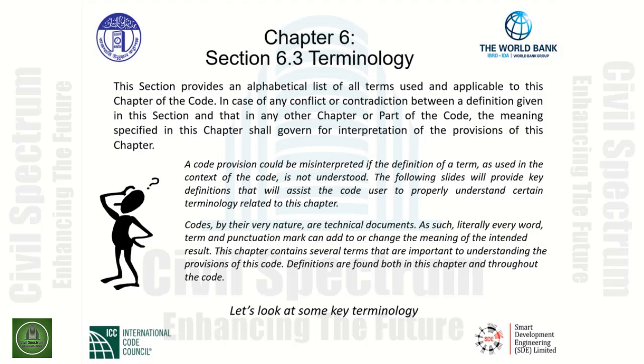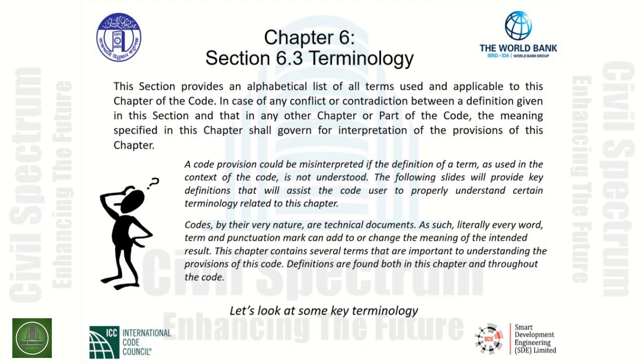This spells out clearly that the terminology contained within this section is very specific to our study today on sanitary drainage systems. The terminology actually has a specific meaning and shall govern the interpretation accordingly.